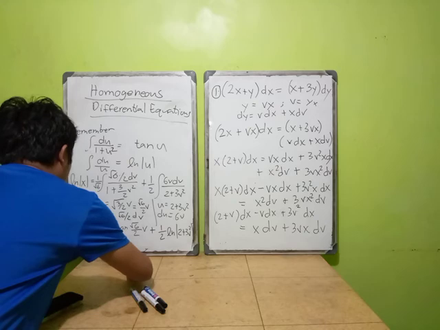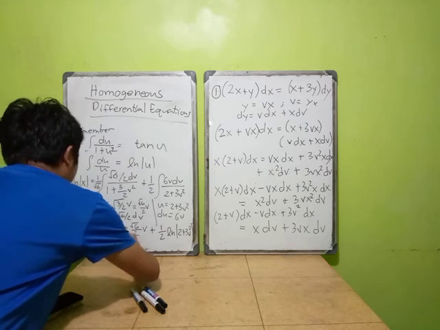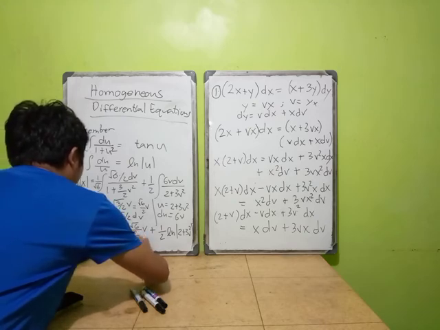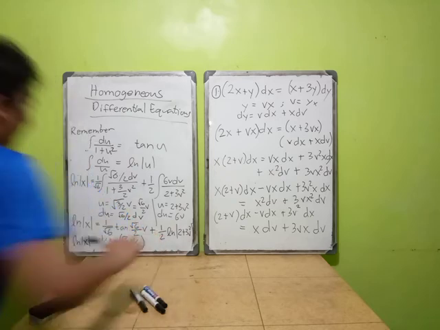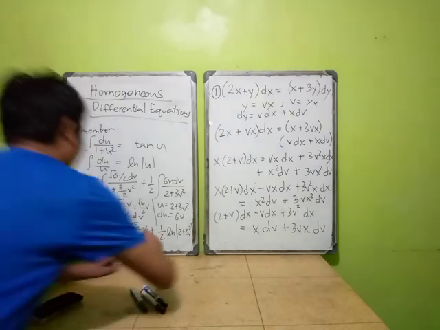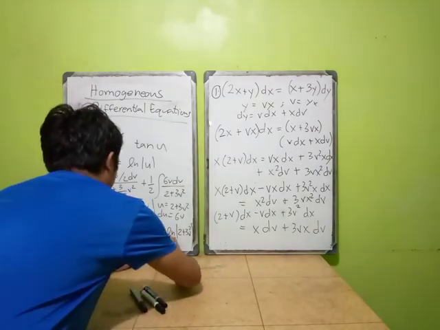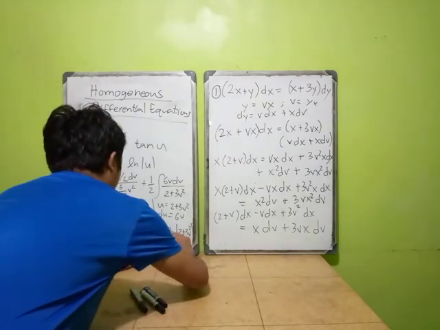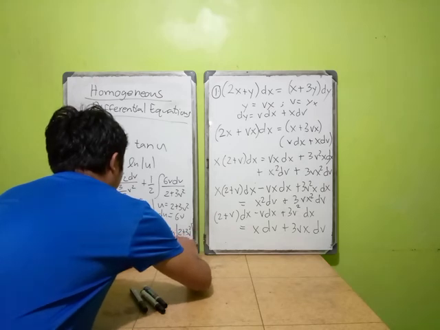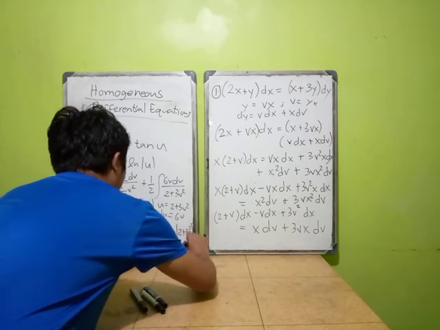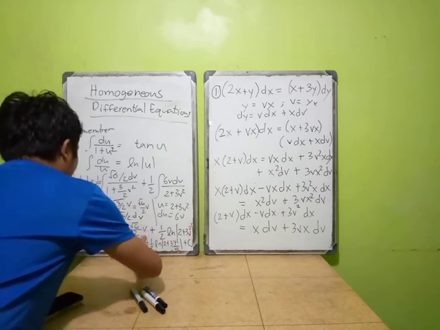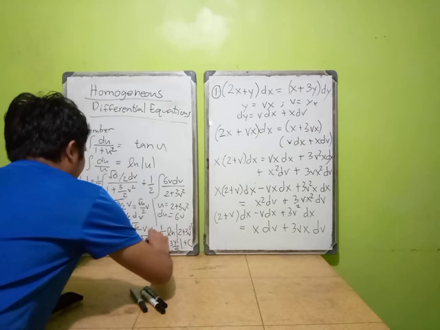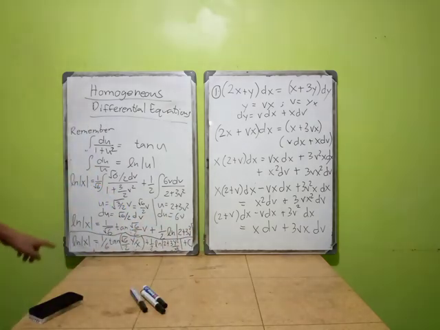So, magiging 1 over 6 tangent square root of 6 over 2 y over x. Okay? Para hindi magkalituhan, may quantity. So, plus 1/2 ln 2 plus 3 y squared over x squared plus c. Okay? So, pwede na ito sagot.